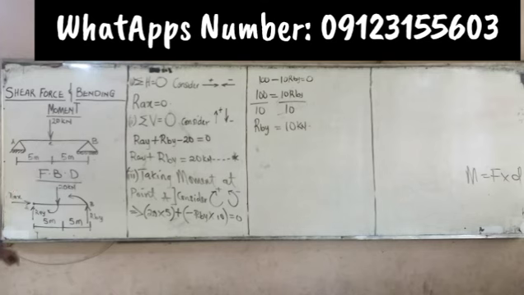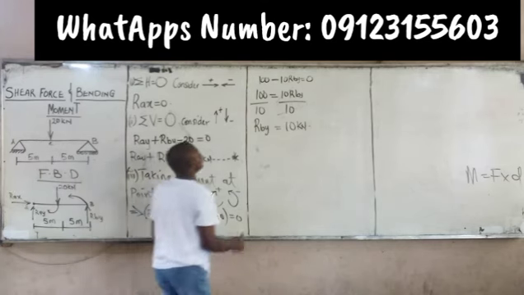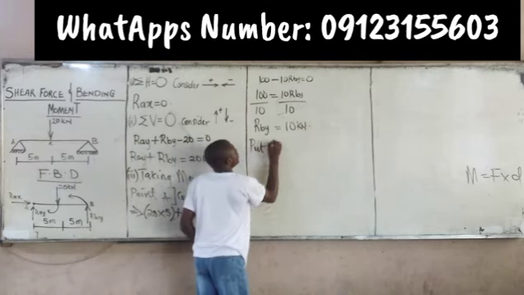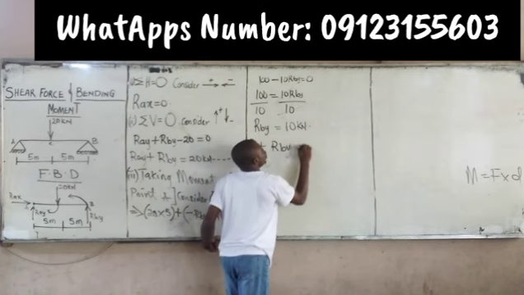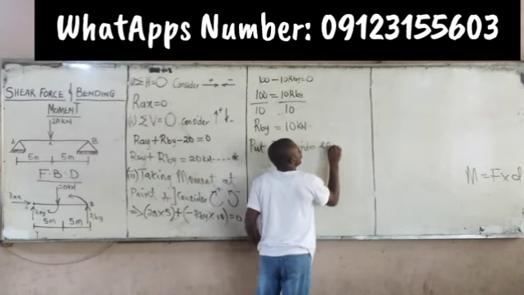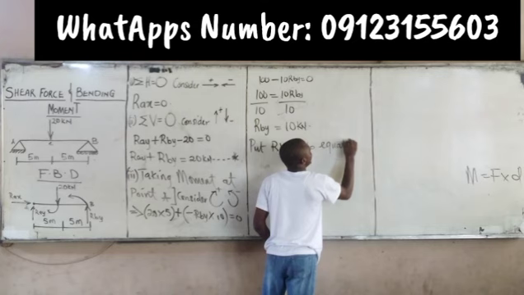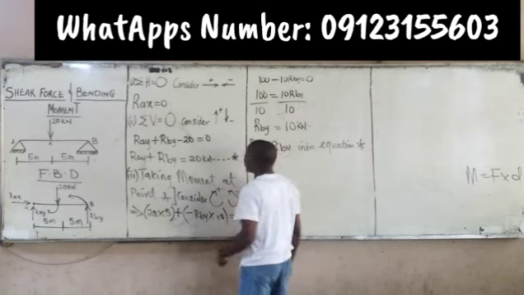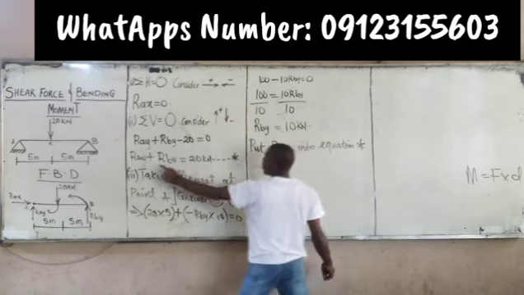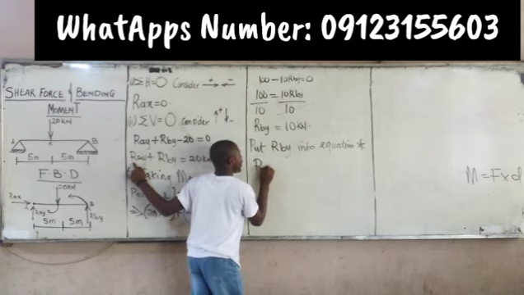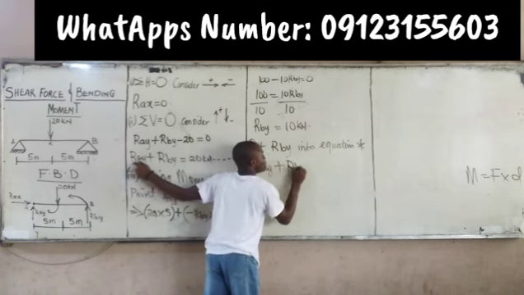So put RBY into the equation of statics. What's my equation of statics? This is my equation. I have that RAY plus RBY is equal to 20.